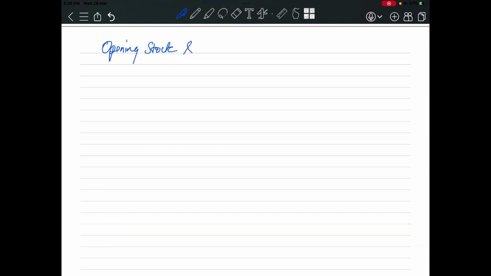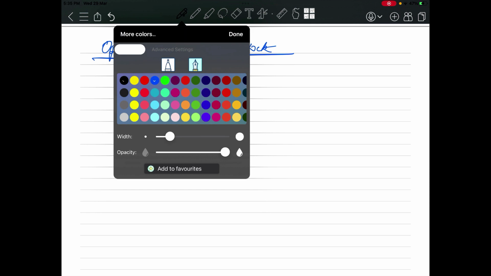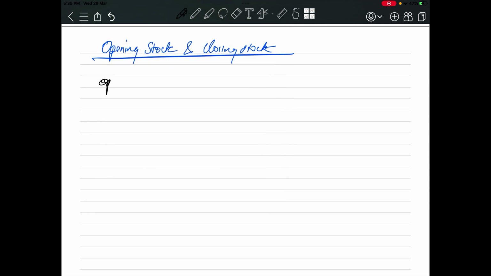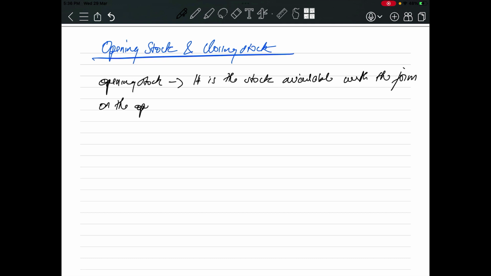Next thing we'll talk about is opening stock and closing stock. Okay, opening stock and closing stock. So what is an opening stock? It is the stock available with the firm on the opening day of the accounting period.